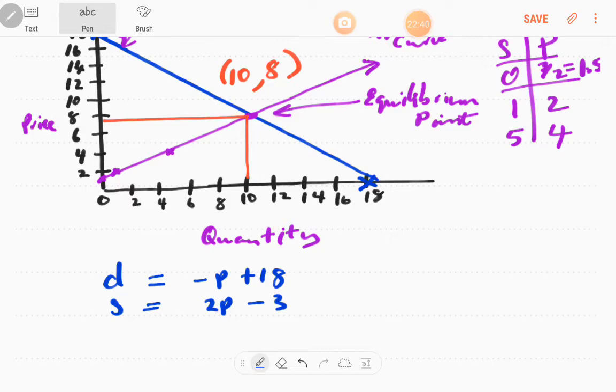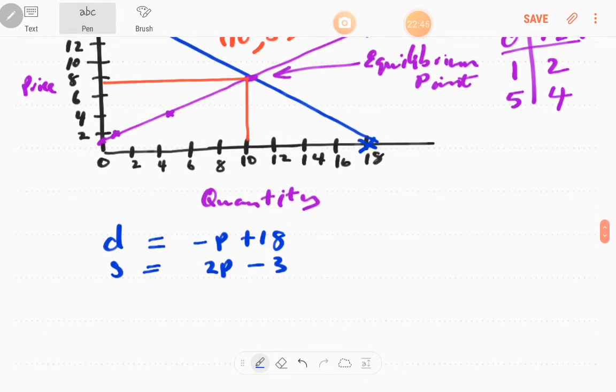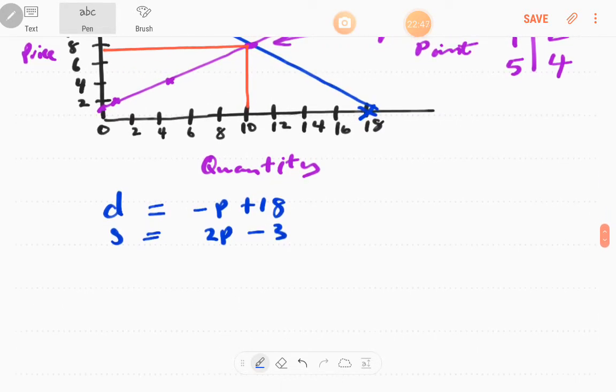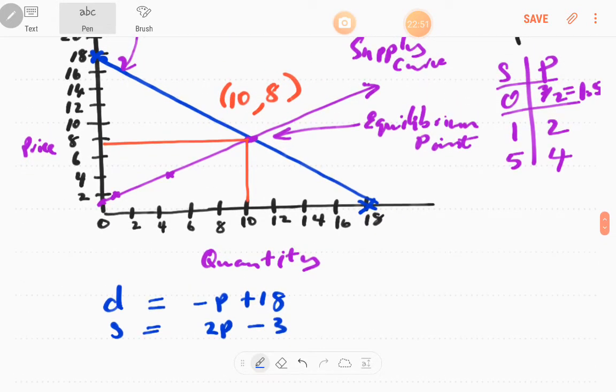We know that at the equilibrium point, the quantity demanded and the quantity supplied are equal to each other.